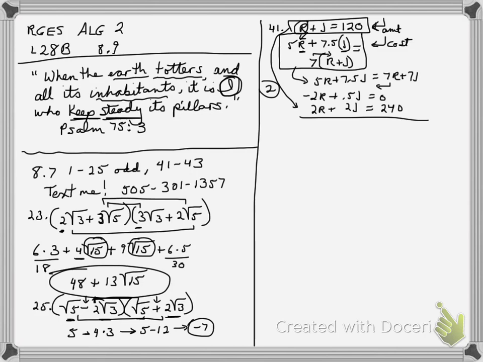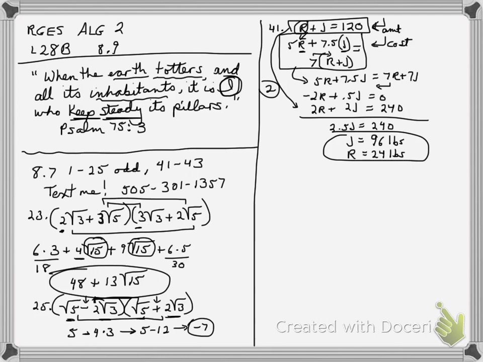Adding, I'm going to get 2.5J equals 240. Let me check it, 96 pounds for Java, and together it's 120, so Rio would have to be 24 pounds. So hopefully this is becoming clearer and clearer with every word problem you see.